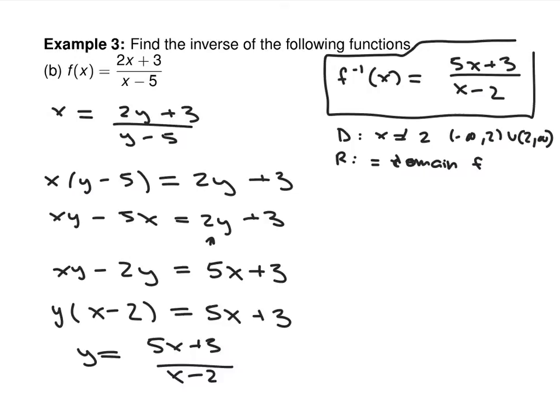What's the thing that x cannot equal for f? 5. So for the range, y will not equal 5, because that flip-flopped. And you can give that as an interval: minus infinity to 5, union 5 to infinity. That's how I test that you understand that relationship, that to find the range, you've got to look at the domain of the original.